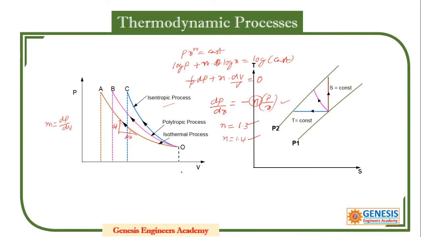Sometimes you may also be asked to answer this. You can also develop this one: T is equal to constant, S is equal to constant. This is the isentropic process, this is the isothermal process, and in between is the polytropic process. With that, I will stop about slope.